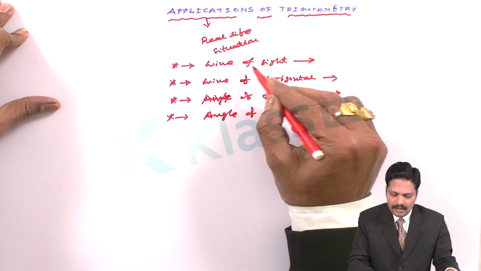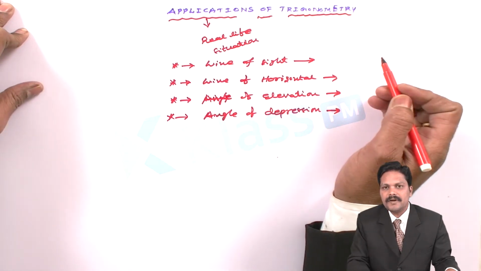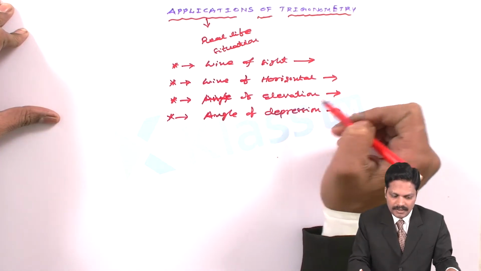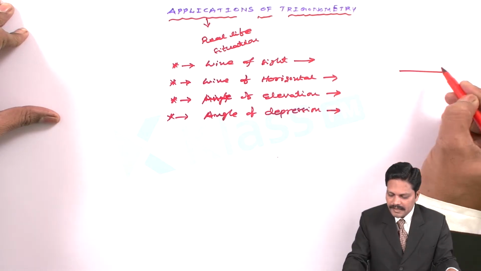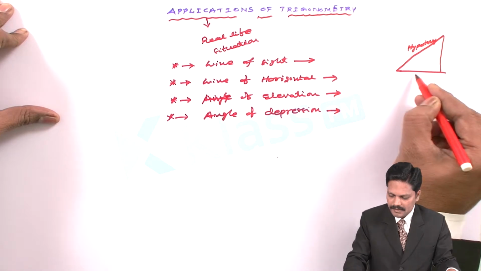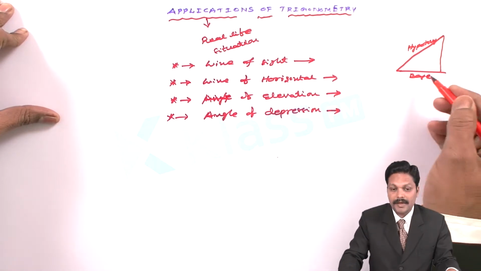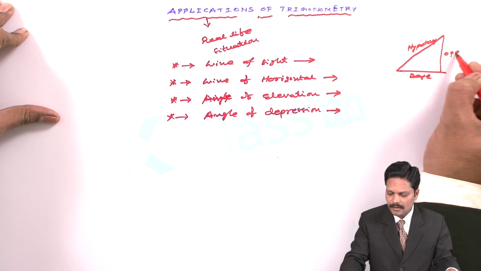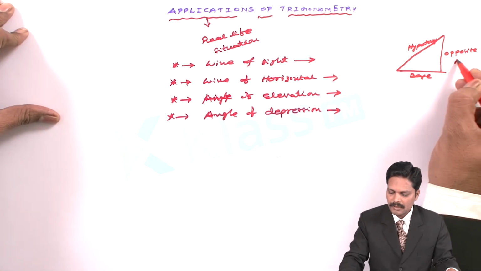Here we always use a right angle triangle to find the particular distances, object heights or angles. So how can we define line of sight and horizontal line? In the right angle triangle we have the hypotenuse, the base of the angle, and the side opposite to the angle.